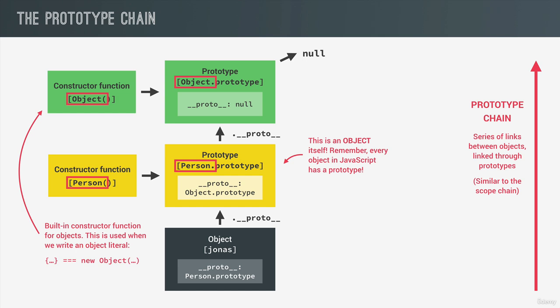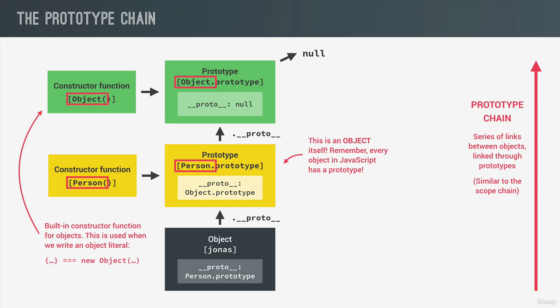So in the scope chain, whenever JavaScript can't find a certain variable in a certain scope, it looks up into the next scope in the scope chain and tries to find the variable there. On the other hand, in the prototype chain, whenever JavaScript can't find a certain property or method in a certain object, it's gonna look up into the next prototype in the prototype chain and see if it can find it there.